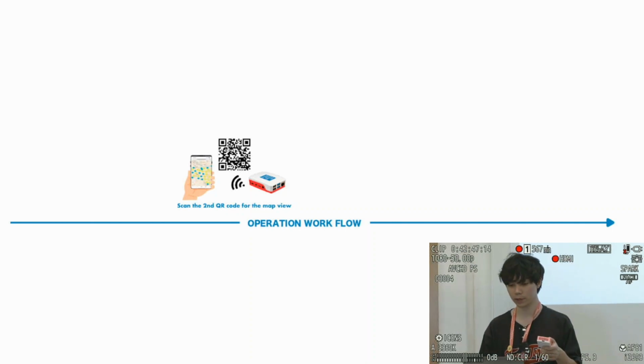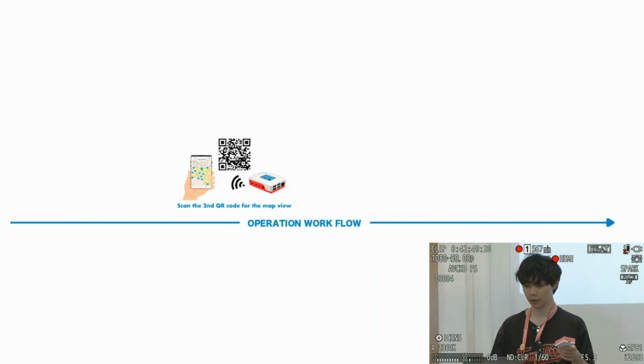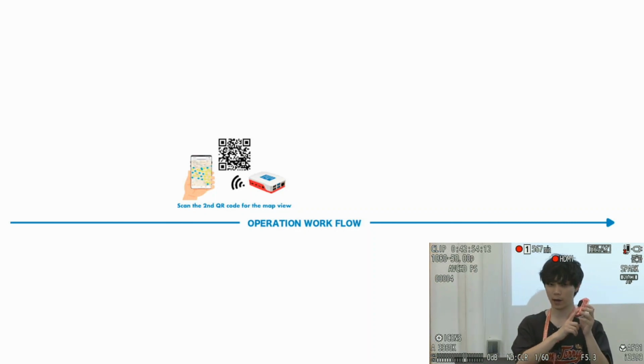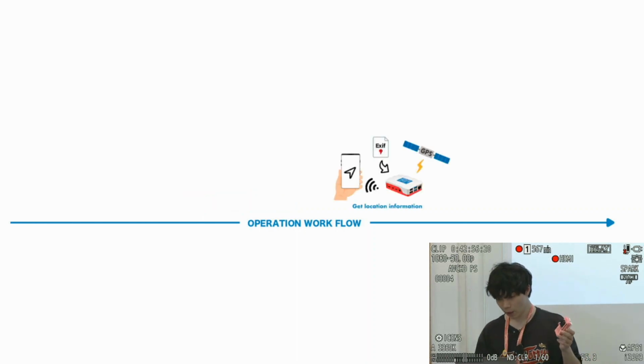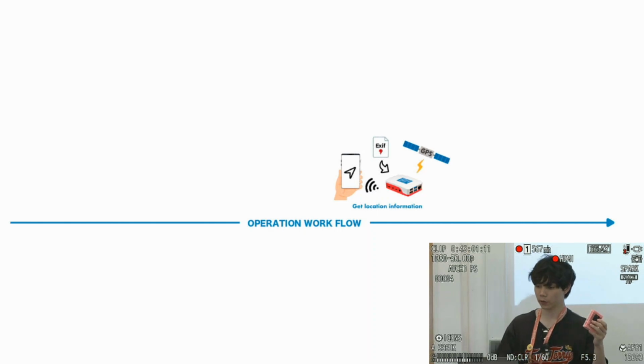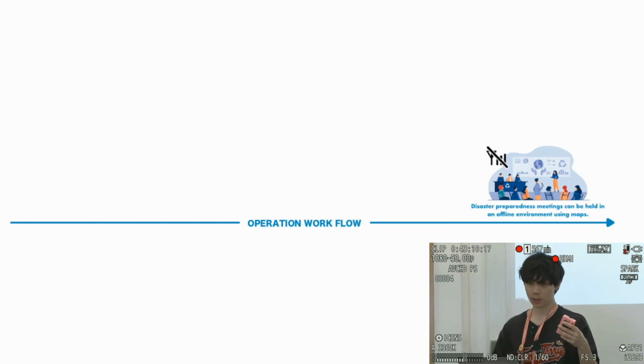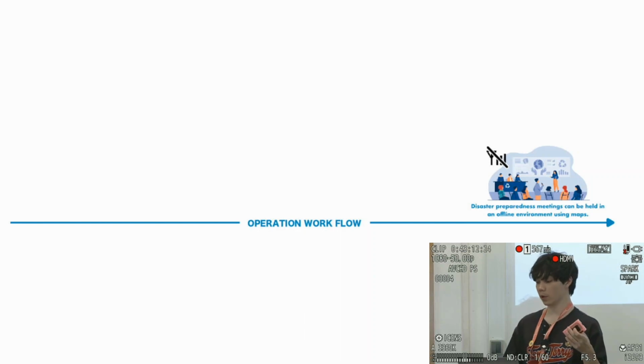This QR code means the IP address, so you can scan this QR code to access the files included in the Raspberry Pi. Also, these devices can get the location data, so you can see the map data with your current location in an offline environment. Using this offline map data, the municipal sector or public sector can have discussions.